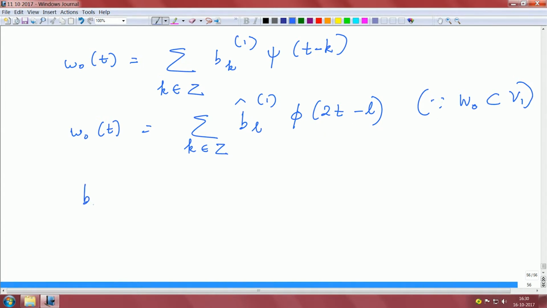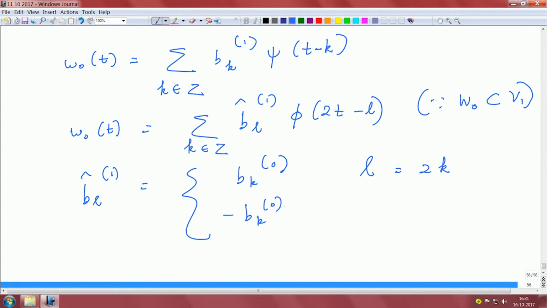So, now b l hat of 1 is basically b k of 0 if l equals 2k, and minus b k of 0 if l equals 2k plus 1, right.